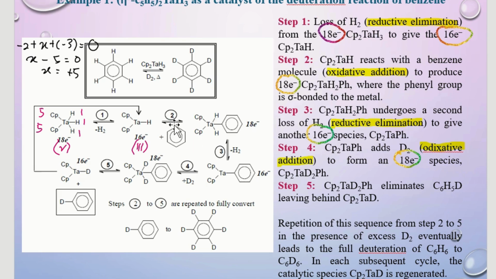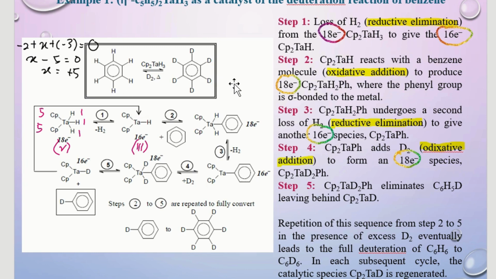So from the ordinary benzene, we use our catalyst to convert all the H to the element D. From step 1 until step 5, the cycle goes through reductive elimination and oxidative addition.